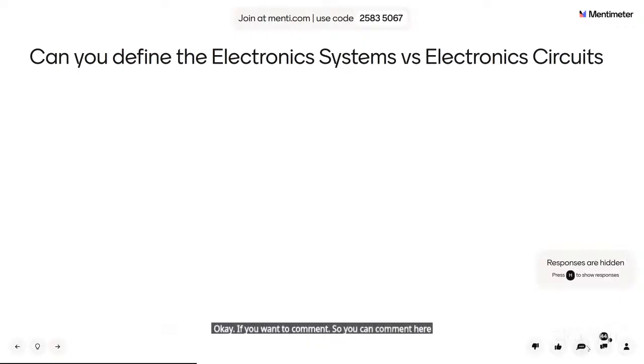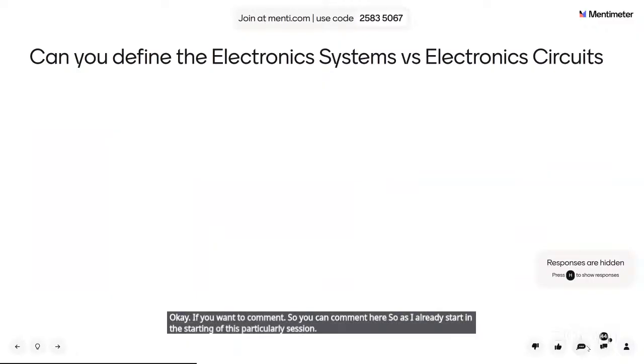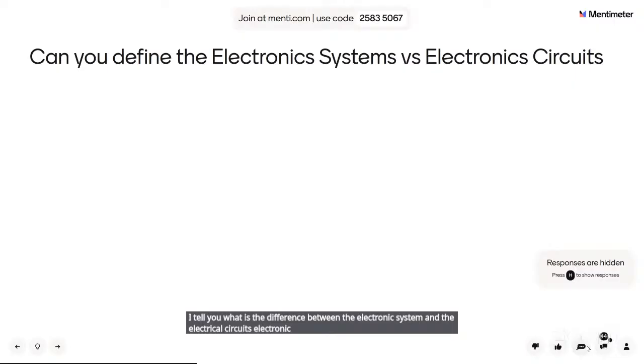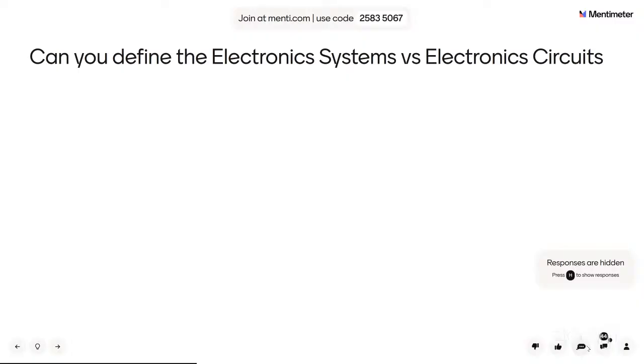As I already said at the start of this session, I told you the difference between the electronic circuit and electronic systems. Anyone who can tell the difference between electronic circuit and electronic system, please write in a comment.